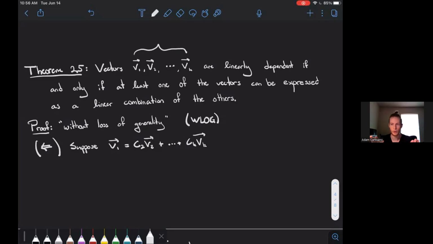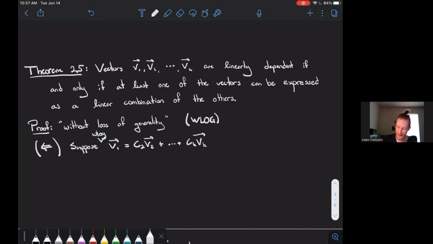If I have to, I can switch the order around, and then relabel them v1 up through vk so that it always is v1 that is the linear combination of the other ones. So is it cheating to say that v1 is the linear combination? Yes, but we'll just say without loss of generality. Now it's not cheating. Without loss of generality, suppose that v1 is the vector which is a linear combination of the other ones. Okay, this is why we wanted to talk about this.